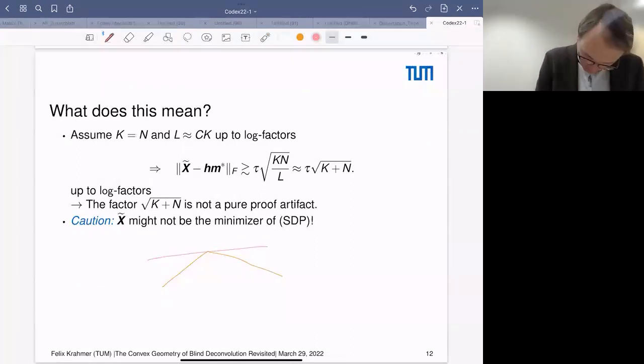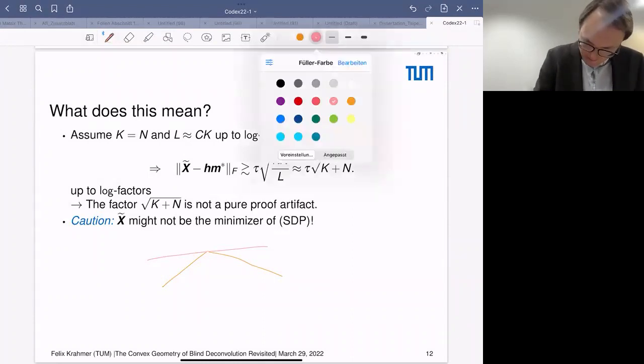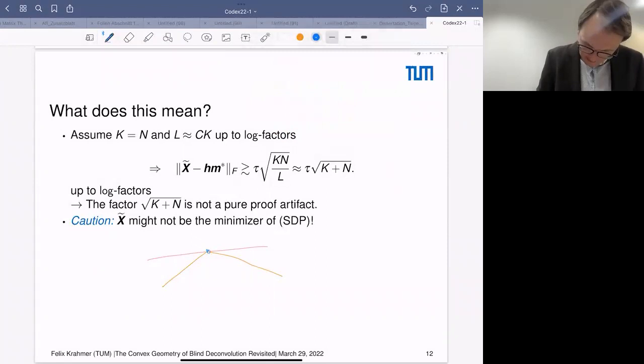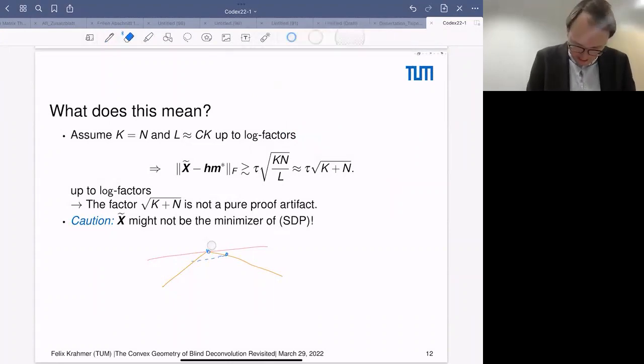What we have shown is, here's the true solution. And now we have established here, say, the alternative solution. This is x and x tilde.